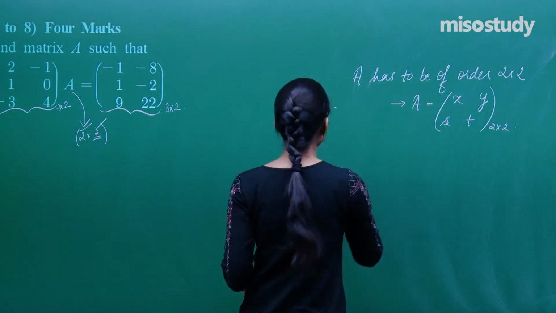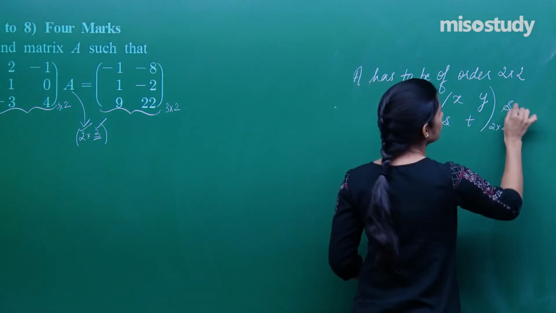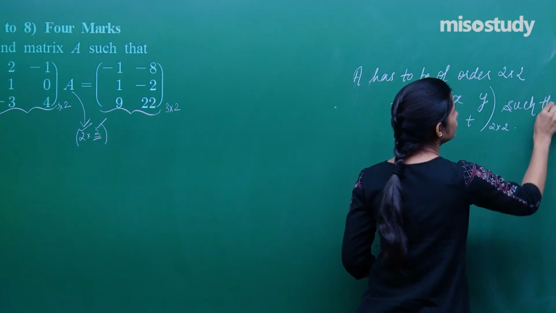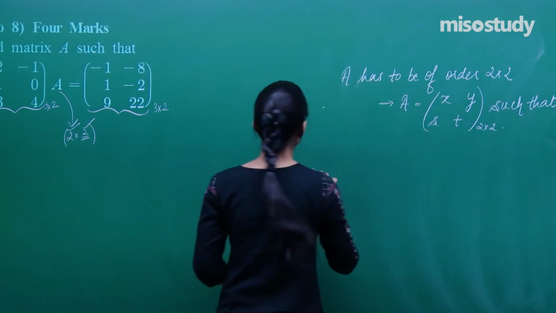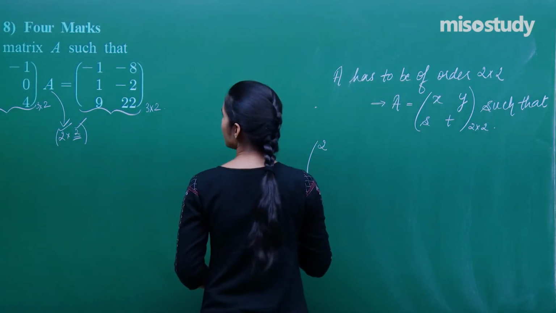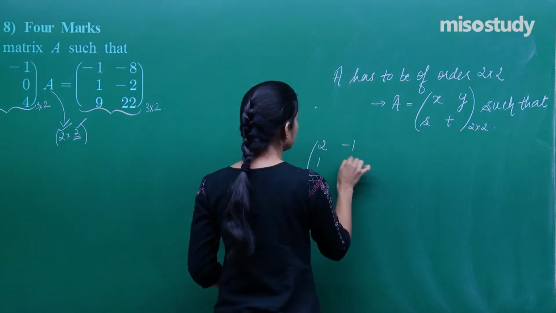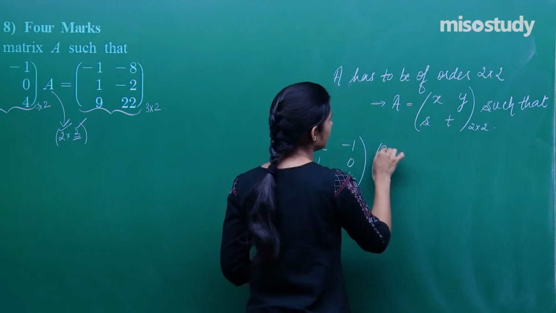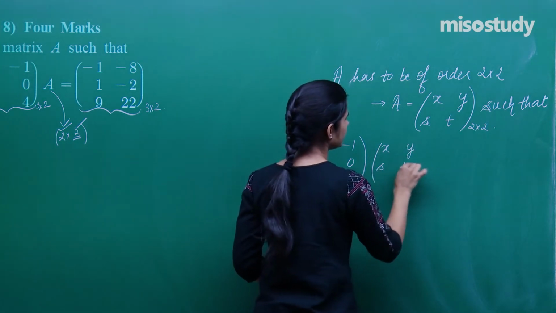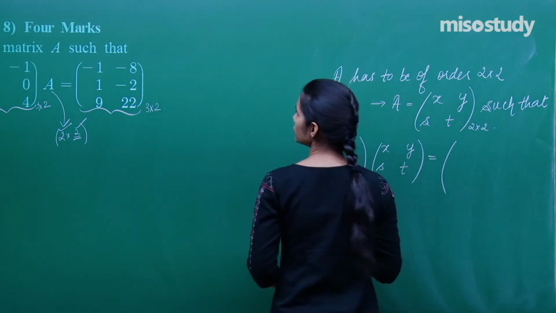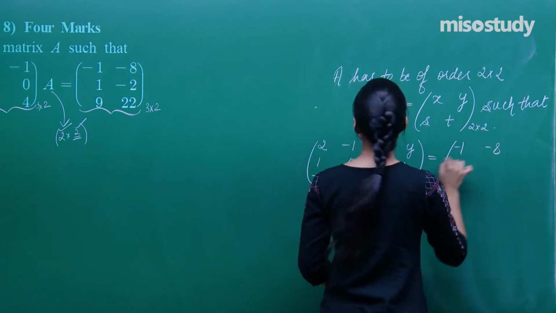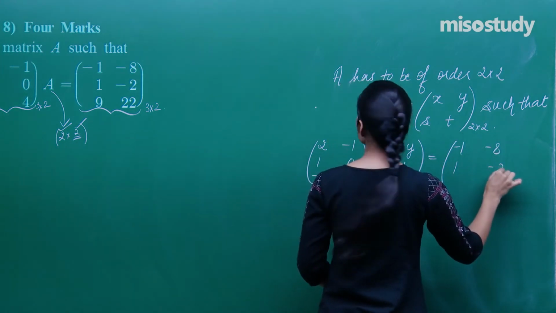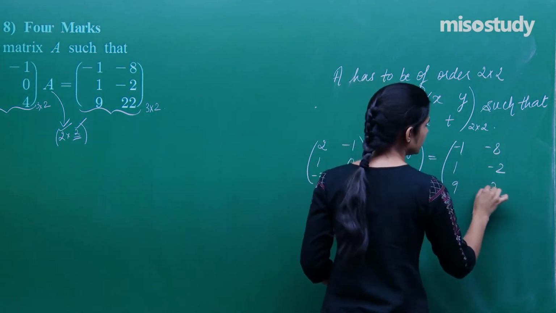I need to compute matrix A. So I write the relationship which is given to me in the question. It is 2, minus 1, 1, 0, minus 3, 4, multiplied by X, Y, S, T. This is equal to minus 1, minus 8, 1, minus 2, 9, 22.